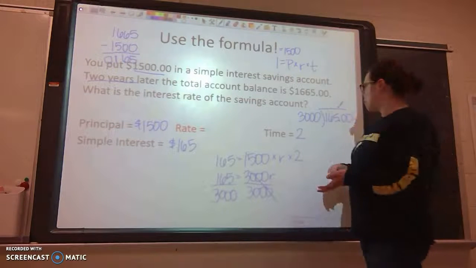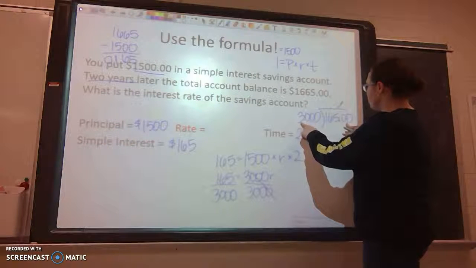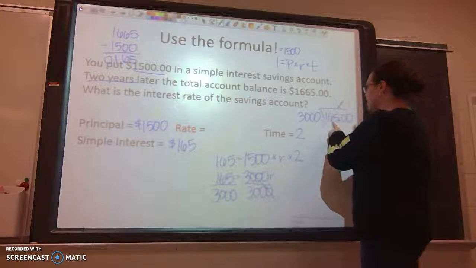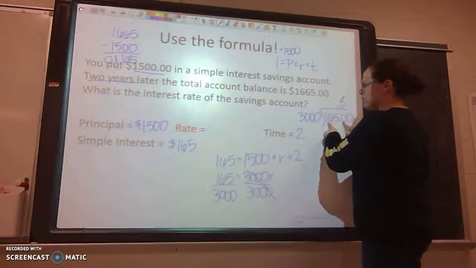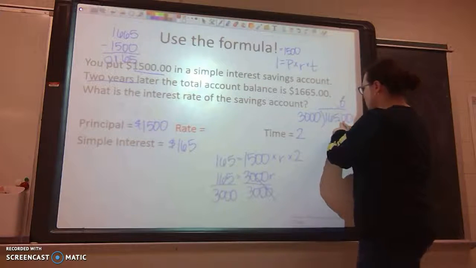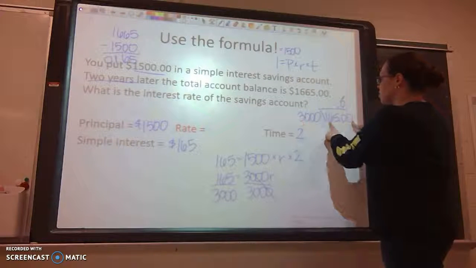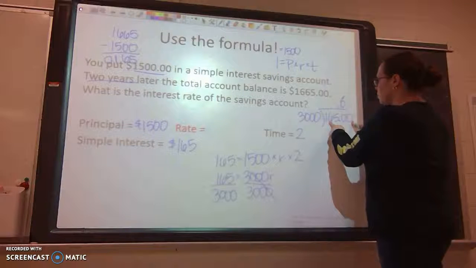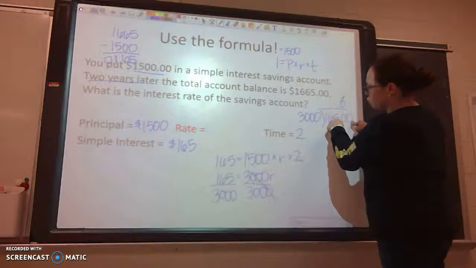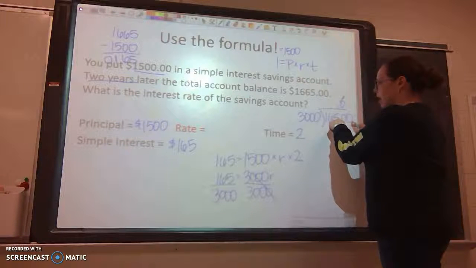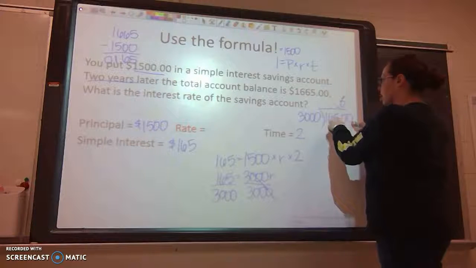Okay, so you can go ahead and check it. So 165, we had to add zeros. 3,000 will go into 16,000. So I have to put a 0 here because it doesn't go into 1,650. So I had to put my 0, and then 3 goes into 16 about, let's see, 3 times 7 is 21, that's too high. 3 times 5 is 15, 3 times 6 is 18.